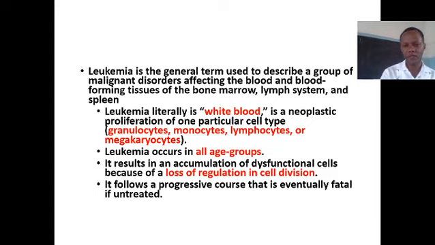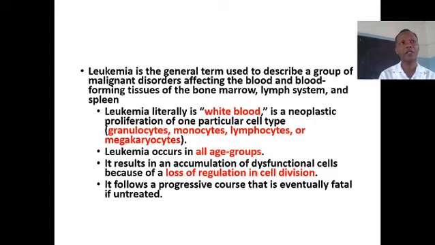It is a neoplastic proliferation of one particular cell type, either granulocytes, monocytes, lymphocytes, or megakaryocytes. It occurs in all age groups. It is not selective.